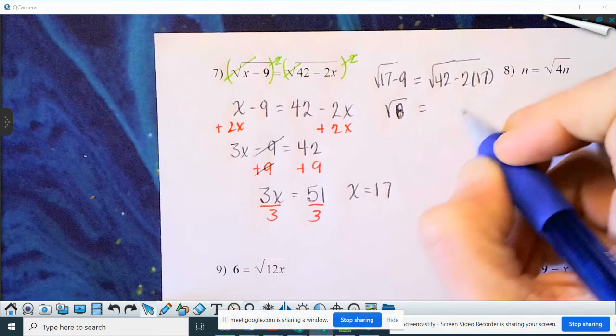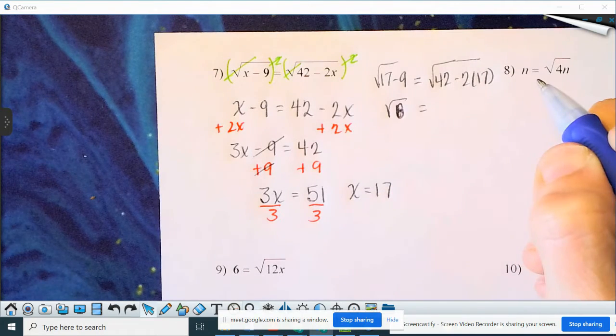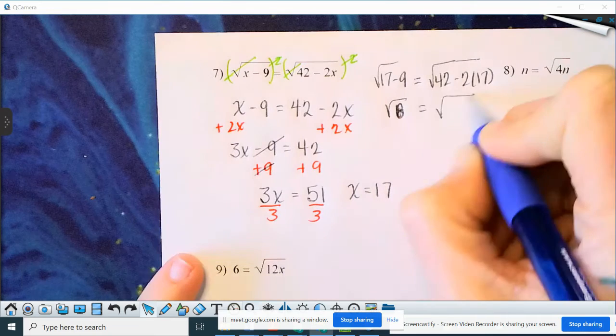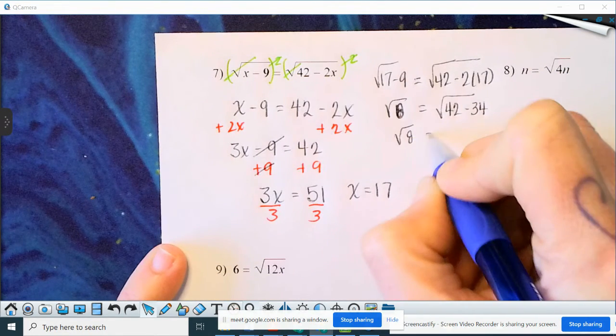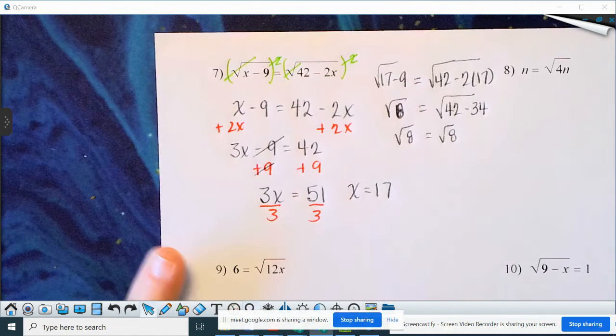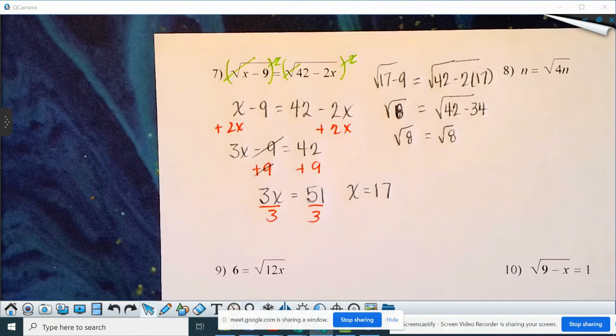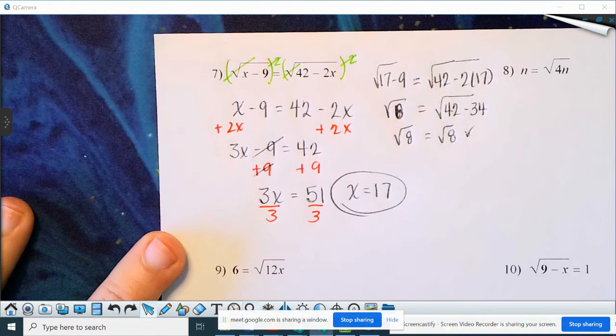And then 2 times 17 is 34. So 42 minus 34 does give me the square root of 8. And you can finish that out if you wanted, but at this point you know they match. So you have gotten to the point where you can say, yes, I did that right. So the answer is indeed x equals 17.